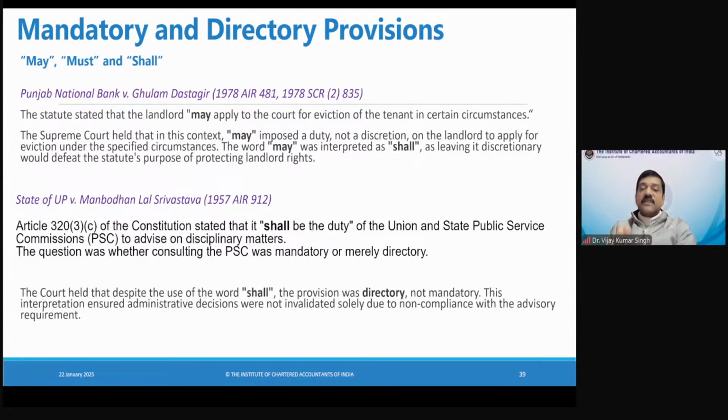Here the question was whether consulting the Public Service Commission was mandatory or merely directory. So the court here held that, given the use of the word "shall", the provision is mandatory. This interpretation ensured administrative decisions were not invalidated solely due to non-compliance with the advisory requirement. So this is how the interpretation happens.